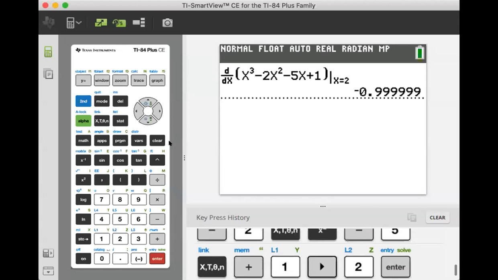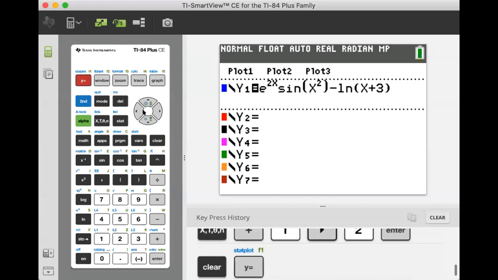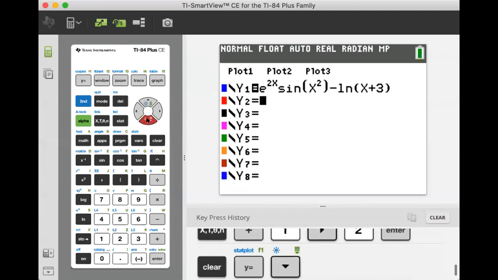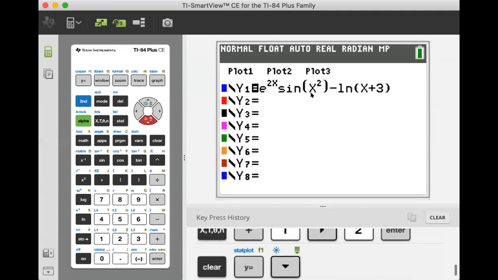I am going to go to my calculator here and go to y equals. And so I put in e raised to the 2x sine of x squared minus the natural log of x plus 3. And we are in radians always in calculus. I'm going to check and make sure that it is right.